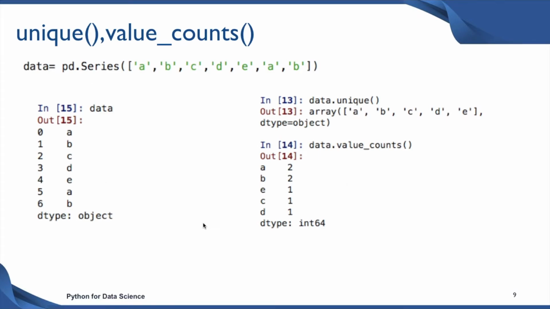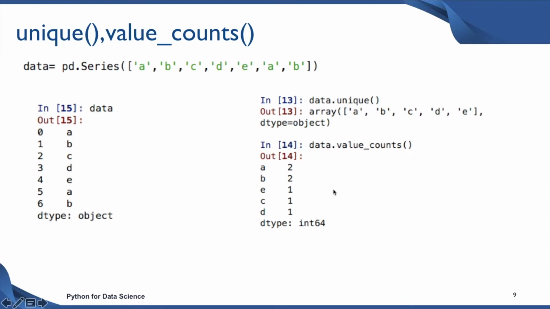The next thing is you need to count the uniqueness, or find how many elements are unique in your series object. That function is unique, dot unique, and value counts. Value counts gives us how many times a particular entry is repeated.